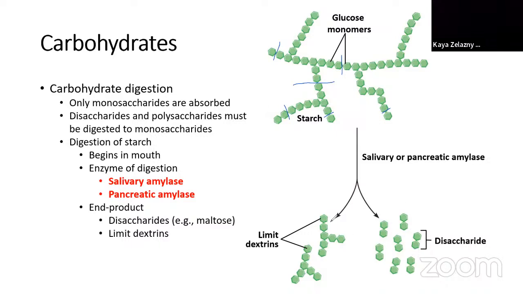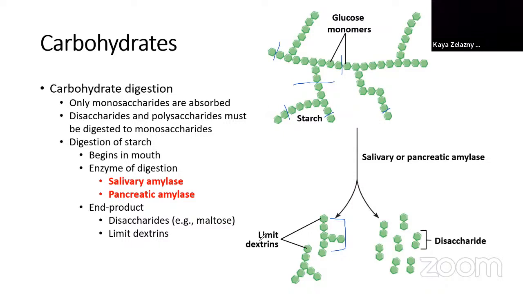So the structures that have those branching points left on them are called limit dextrins. I'm not sure if this is why they're called that, but you know, we have limited ability to digest. So I remember this limit dextrin term.